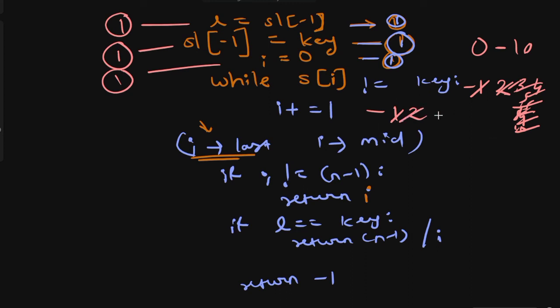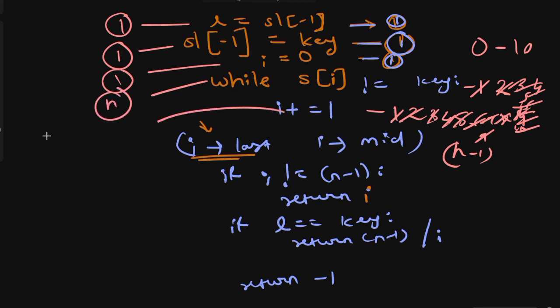So this would go through 0 to 9, and 10 will not be there, so we can say this would be n minus 1. Why? Because if the value is at 10, it will directly exit the loop and not go inside. So the above condition takes n units of time, and the inner condition takes n minus 1 units of time.